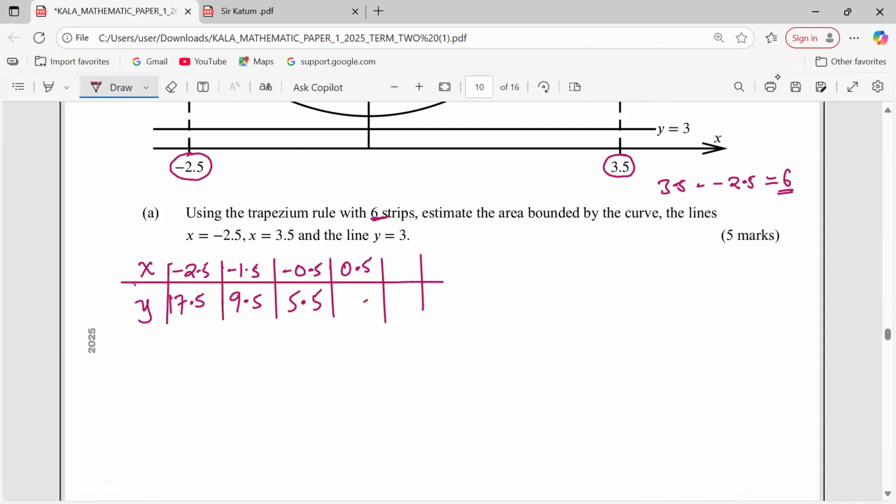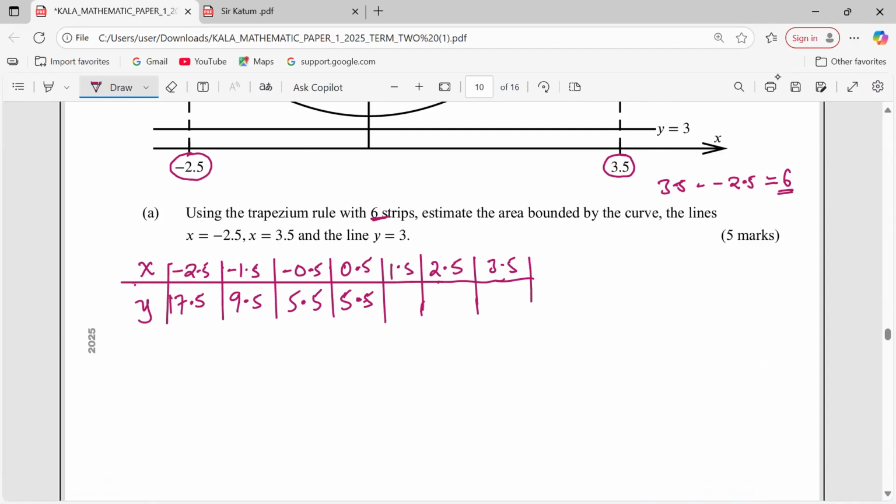After one complete unit, we go to 0.5. When we substitute 0.5, we have 2 into 0.5 squared, then plus 5. We get still 5.5. Then from here, we go to 1.5, 2.5, then finally 3.5.